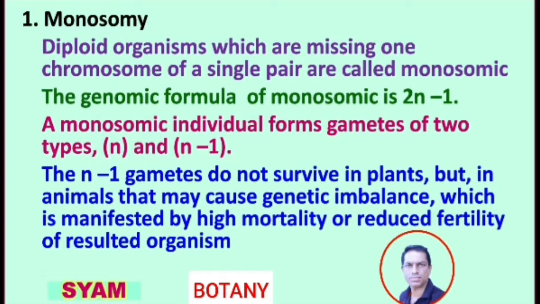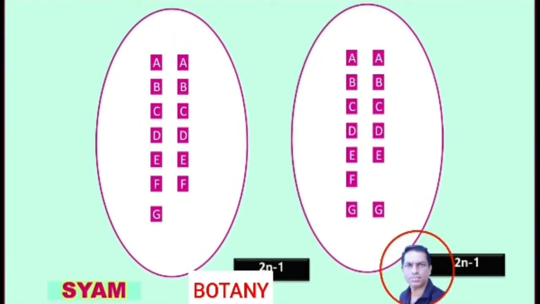The n minus 1 gametes do not survive in plants, but in animals they may cause genetic imbalance, which is manifested by high mortality or reduced fertility of the resulting organism. So this picture represents the monosomic.